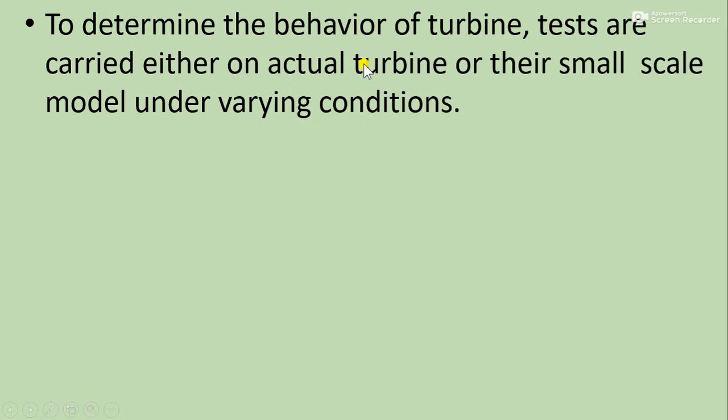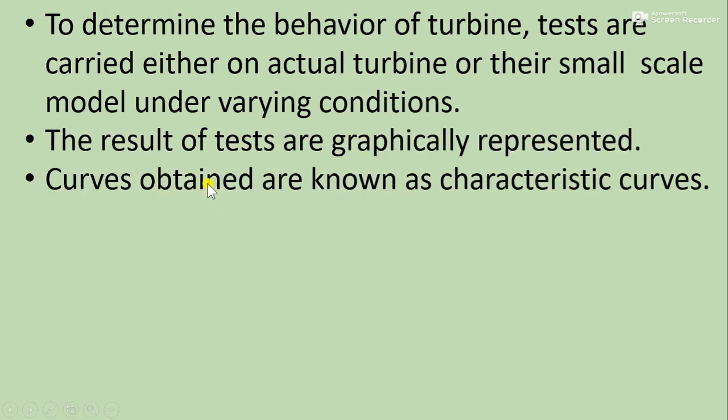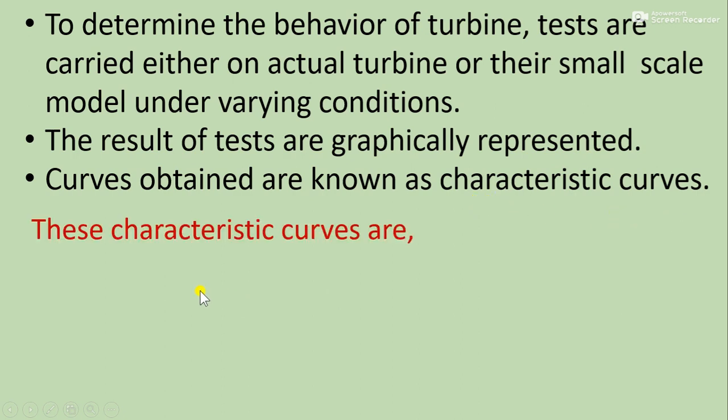To determine the behavior of the turbine, tests are carried out either on the actual turbine or on a small scale model under varying conditions. The results of the tests are graphically represented, and these curves are known as characteristic curves.